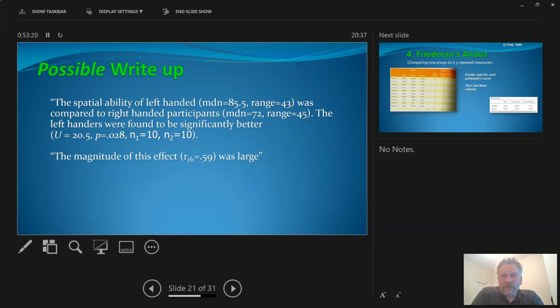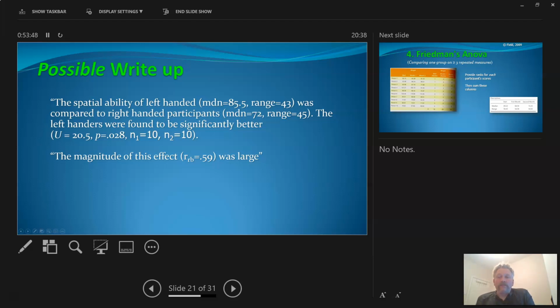I've done this on purpose because you might find some different textbooks or journals report the median, others will report the median and IQR, others will do it with the range instead, or even the minimum and maximum scores. Whatever you want, it's just an idea about how your scores vary around that. It gives you an idea about the spread of scores.